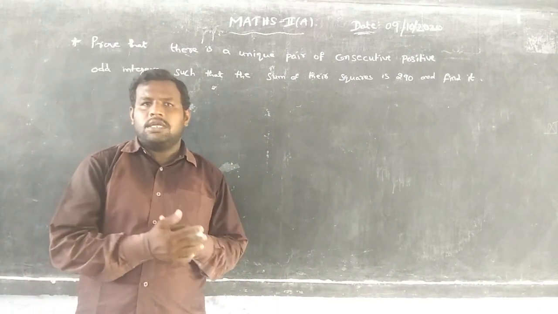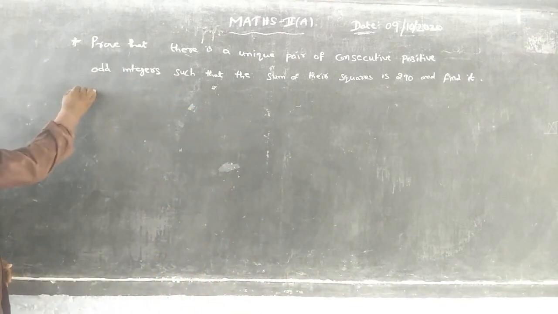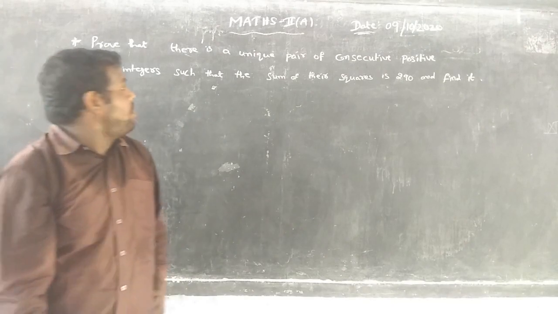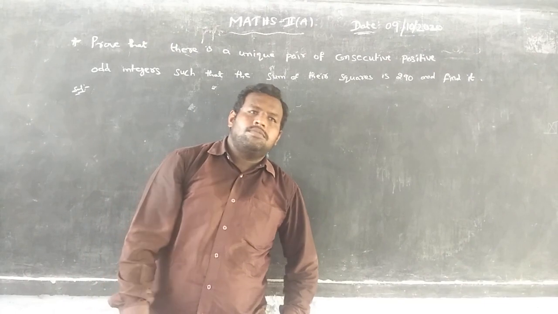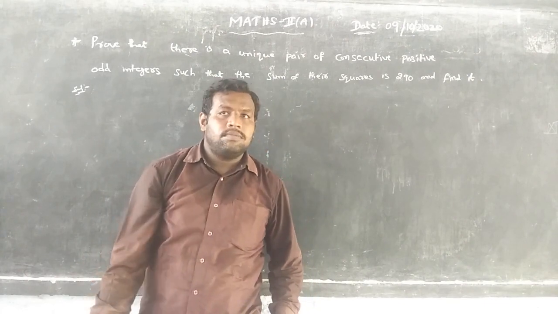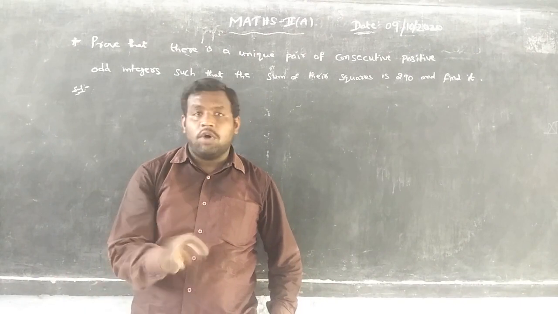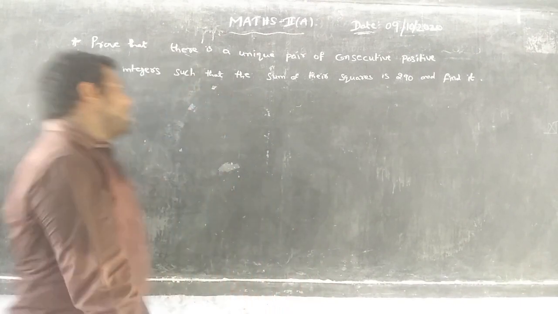In this problem, what is the difference between odd integers? 1 and 3, both are odd integers, both are consecutive odd integers. The difference between consecutive odd integers is 2.